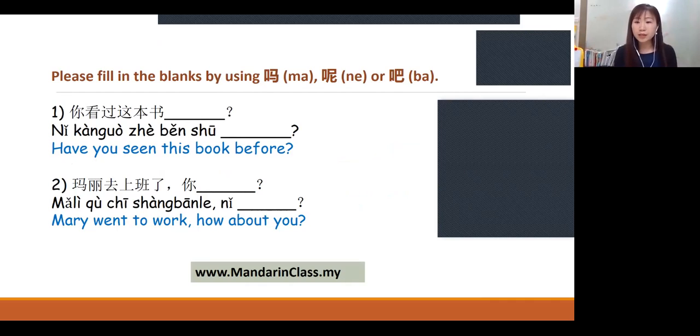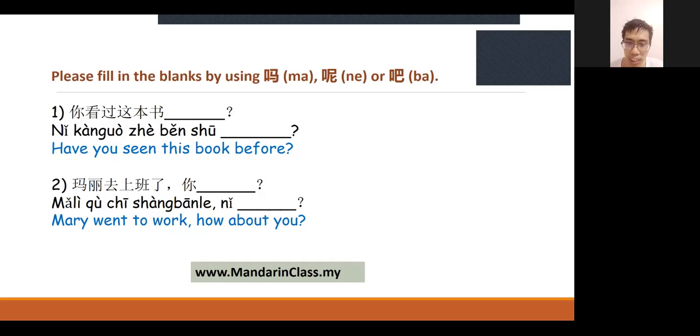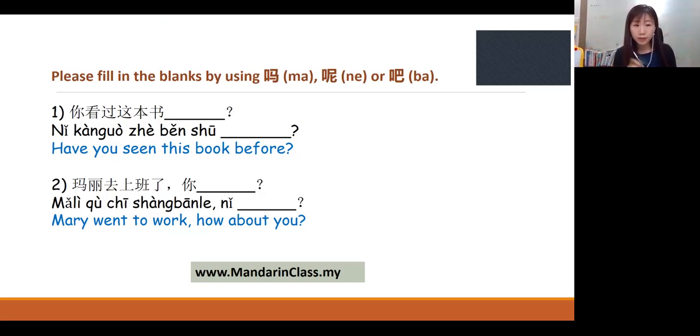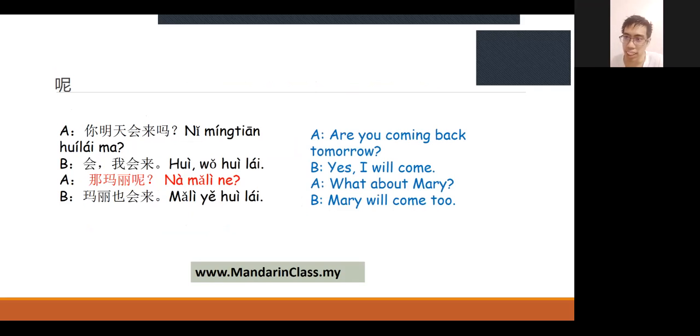If you say no, then we just add the word 不 in front. 会 and 不会. 会 is yes, will. 不会 is no. If you want to say Mary won't come, you can say 不，玛丽不会来. 玛丽会来 is Mary will come. 玛丽不会来 is Mary won't come. So just add on the word 不 in front of the sentence, very simple. Then for the next one, 那玛丽呢? It just means what about Mary, in a short way rather than the long sentence.